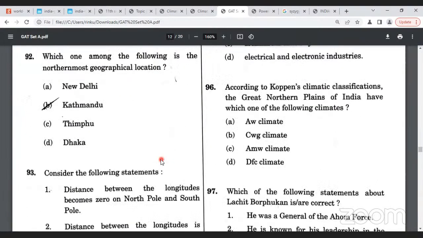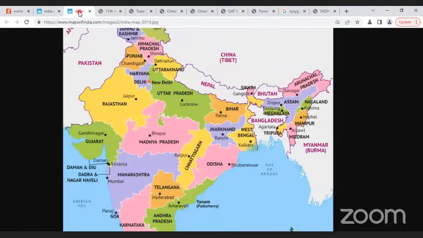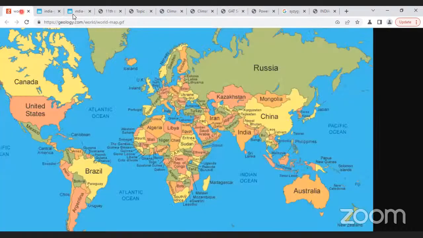Question number 92. Which one among the following is the northernmost geographical location? Let's look at it like this. I can't see it over here.